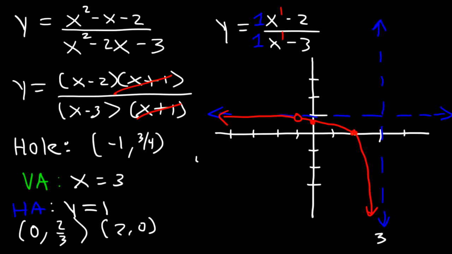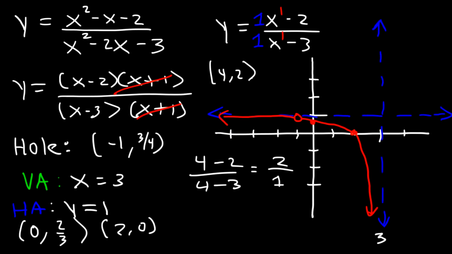So let's replace x with 4. 4 minus 2 is 2, 4 minus 3 is 1. So when x is 4, y is 2. 2 over 1 is 2. So let's plot that point. 4, 2 is here. So we know that it's going to be in the upper right corner.